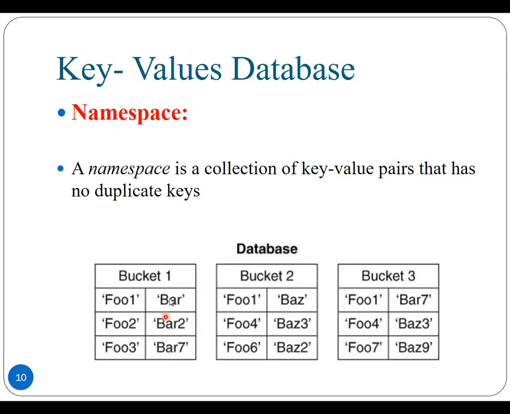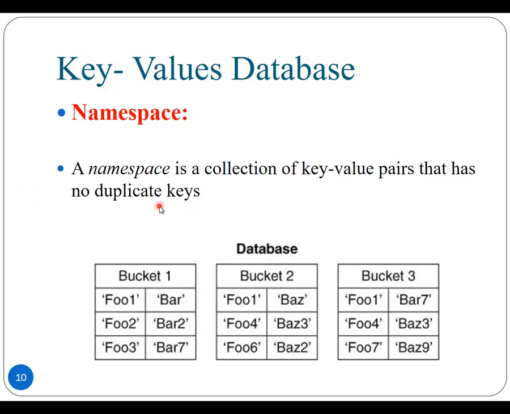Okay, you see that we don't have duplicate keys. These are the keys: foo1, foo2, foo3, foo1, foo4, and foo6. These are the keys of the namespaces. We don't have duplicate keys in each of the namespaces. That's the main limitation we have in the key value database.